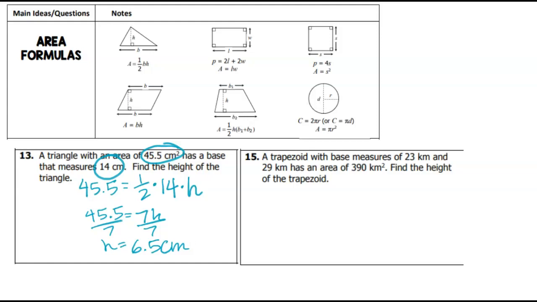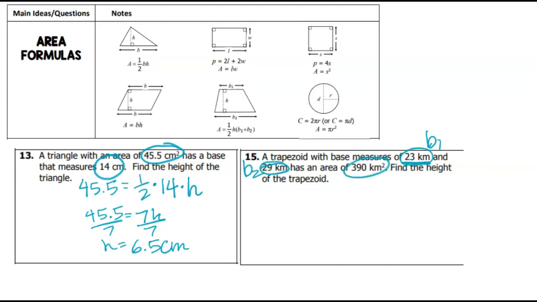All right, we have another one of these, just two more for this section, and this is our trapezoid. We have our trapezoid formula right here. It has base measures of 23 kilometers and 29 kilometers, so that could be my base 1 and my base 2, and then I have my area here.